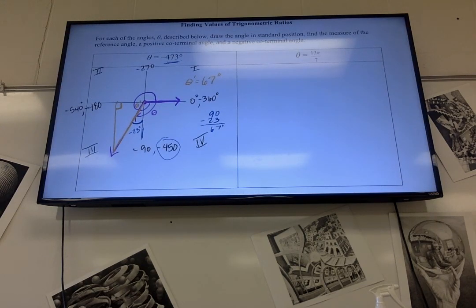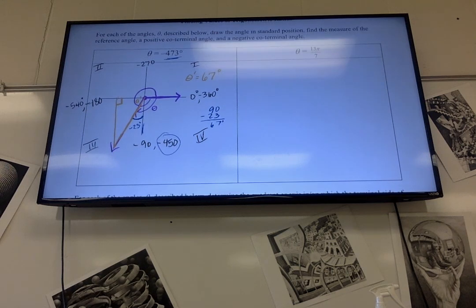And then a positive coterminal angle and a negative coterminal angle. Coterminal means they land in the exact same spot on this orange side, and they're also going to have the exact same reference angle, but it can rotate to the right or to the left.